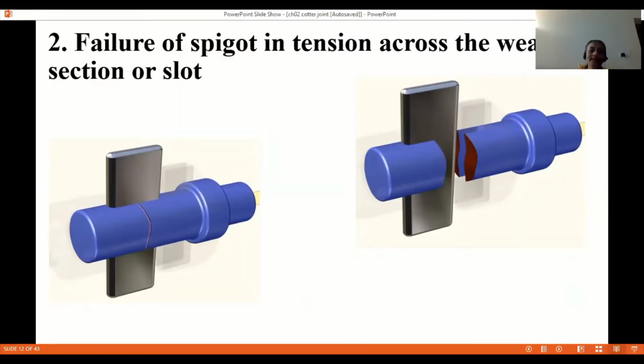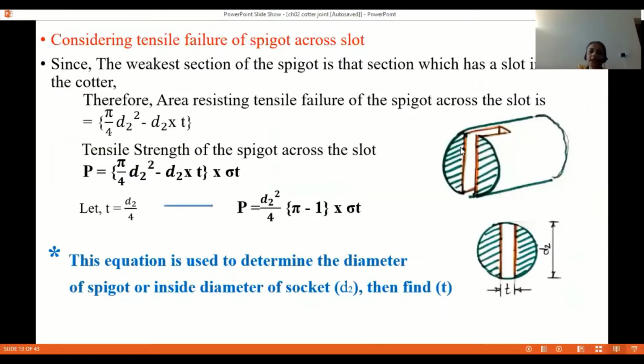So we will consider tensile failure across the slot. You can see a pictorial view, the cut section of the tensile failure of the spigot.